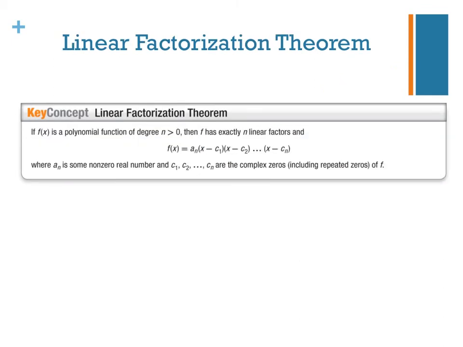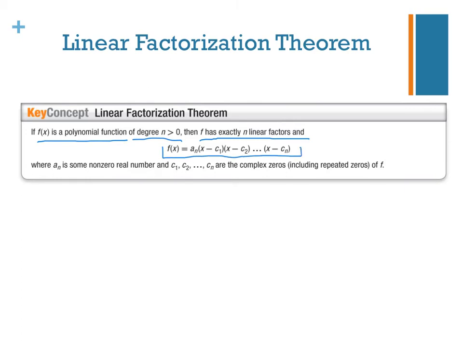Now, to piggyback off the fundamental theorem of algebra is the linear factorization theorem. In this theorem, it states that for a polynomial function f of x, when its degree n is greater than 0, then f has exactly n linear factors. So if the degree of your polynomial is 3, it's going to have 3 linear factors. If your polynomial has a degree of 6, then there are going to be 6 factors in your factorization when you factor it all out.